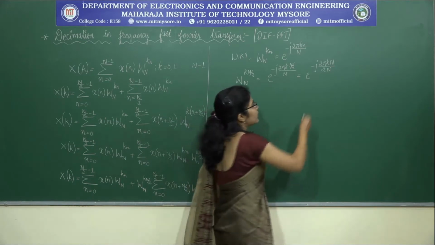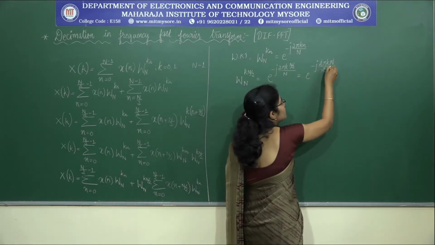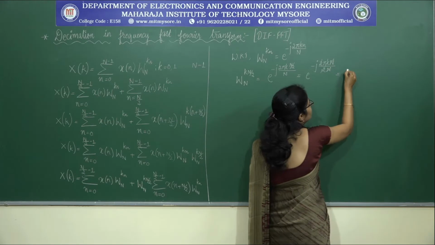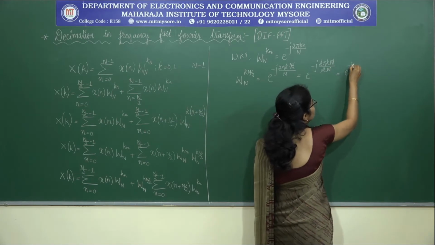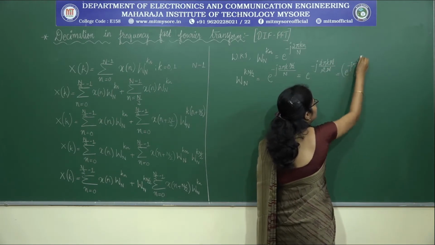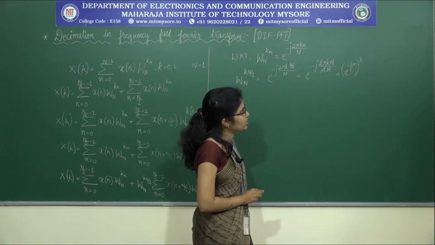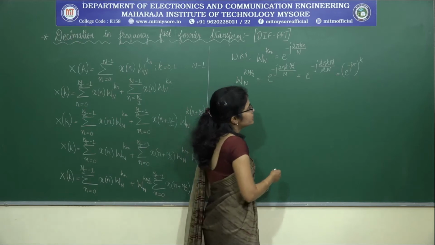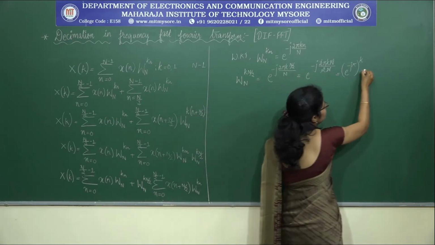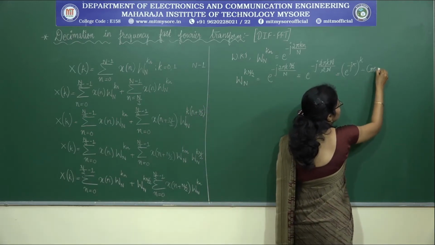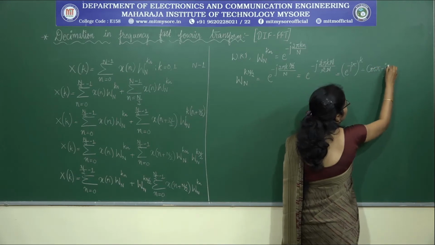So what can I do? I can cancel 2 and 2, N and N. So we are left with e power minus j pi to the power of k. So what is e power minus j pi? We know it is nothing but equal to cos pi minus j sin pi.